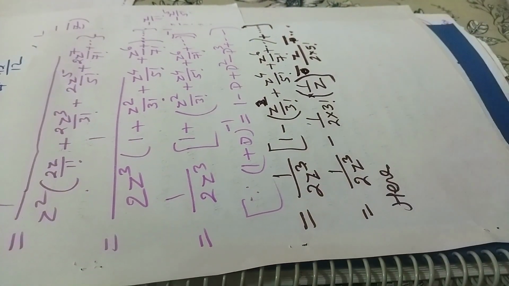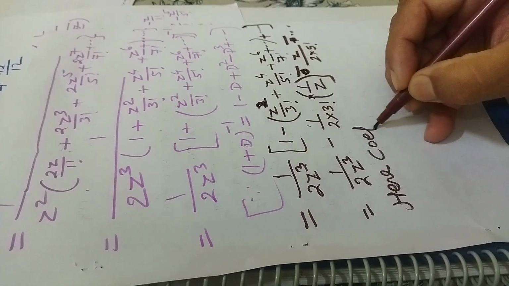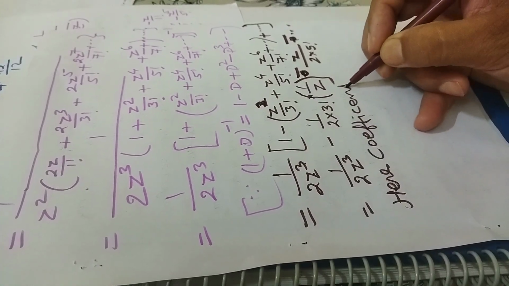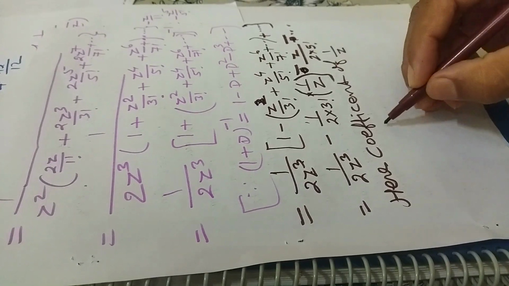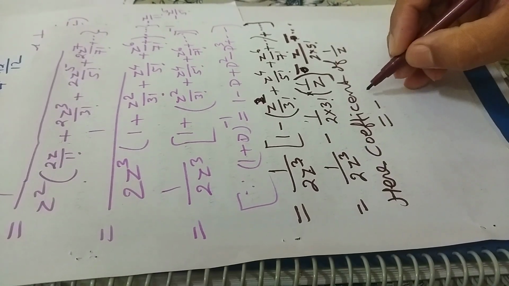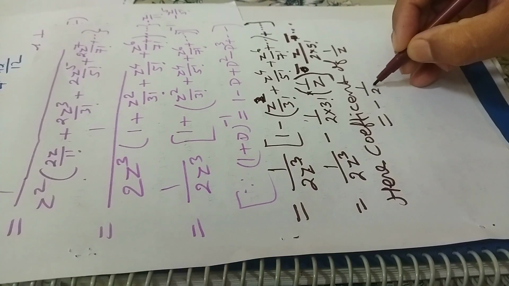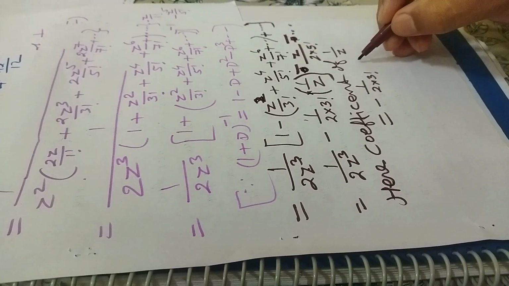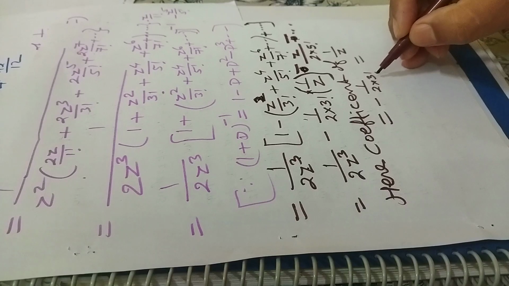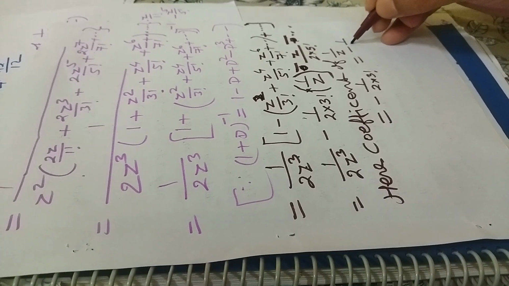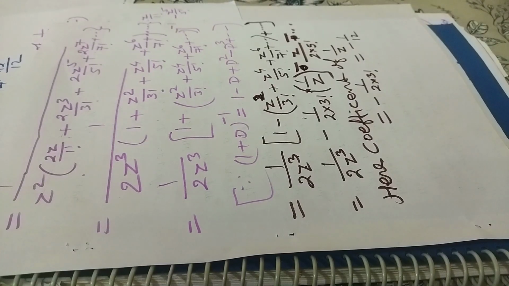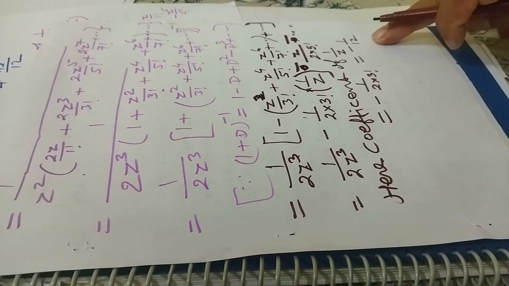Here the coefficient of 1 upon z is equal to minus 1 upon 2 multiplied by 3 factorial. 3 factorial is 6, multiplied by 2, that is minus 1 upon 12. Now this is the residue, right?